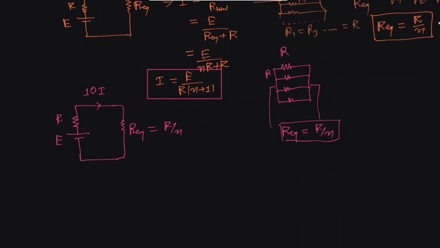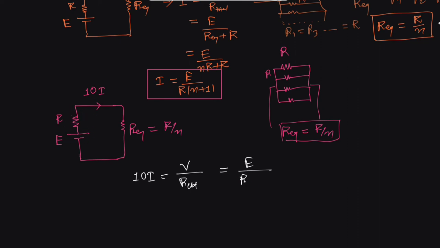So again, we will find the value of I. The value of current flowing in the circuit is 10 times I, and the current flowing in the circuit is V upon R, where V is the voltage and R is the total resistance of the circuit. We will write V as E, because E is the voltage given, divided by the circuit resistance, which will be the load resistance plus the internal resistance of the battery.